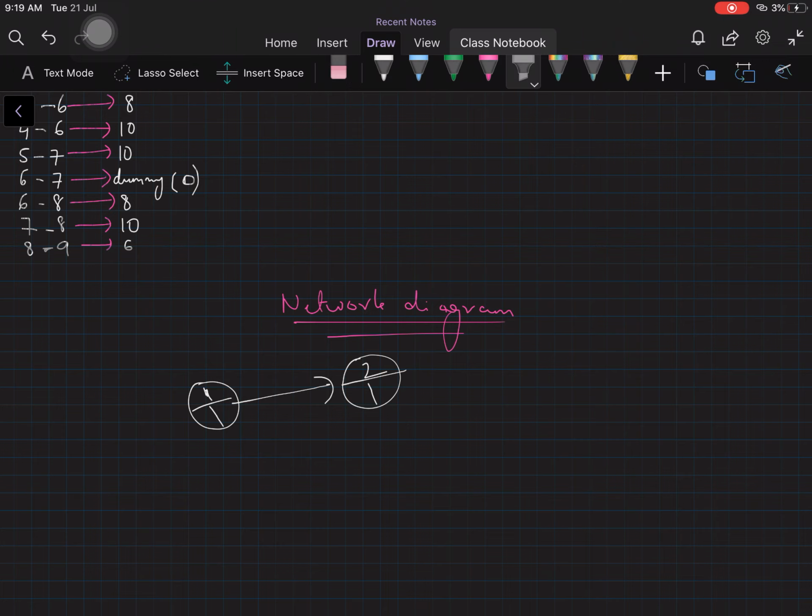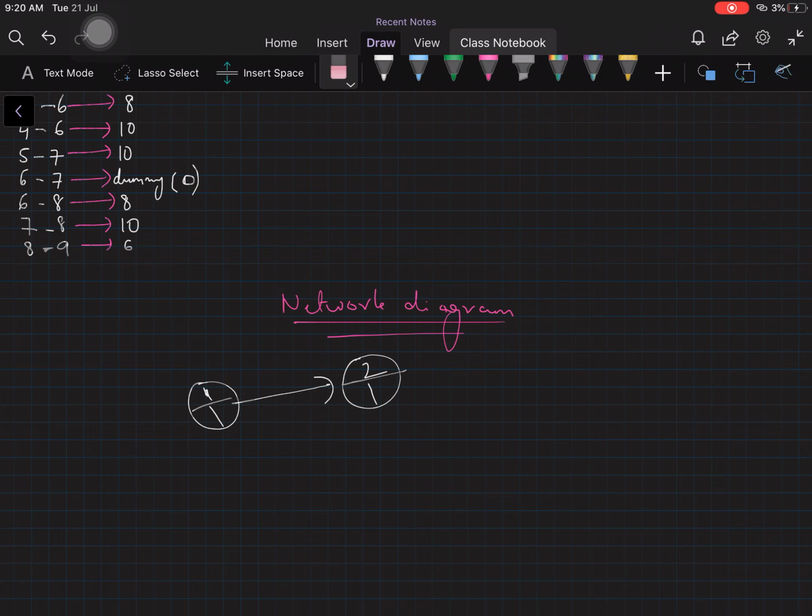As you can see, the top portion talks about the event number, and the below two portions talk about the early start and late finish of that particular event. The same applies to event number 2. This is what we need to follow while drawing the network diagram.